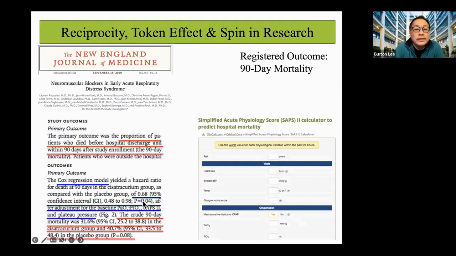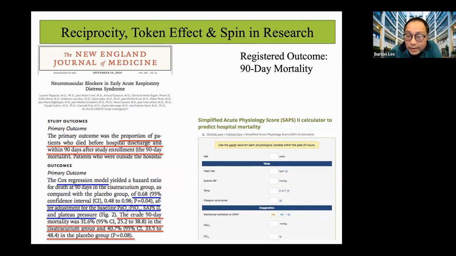That is, they're both significant and they both show a benefit of cisatracurium. But what they did was that they adjusted for three things: PF ratio, SAPS-2 score, and plateau pressure. And if you look at the registry, what they said they were going to do was adjust for SAPS-2 and plateau pressure. In other words, post hoc, they're also adjusting for PF ratio. So they're doing a post hoc adjustment with a third variable.